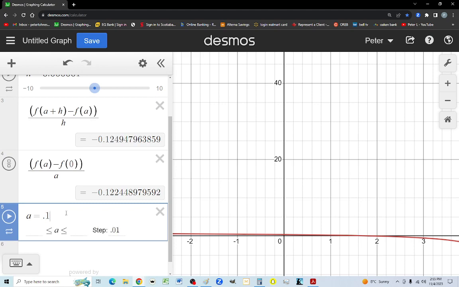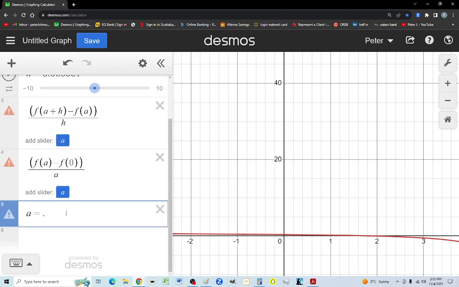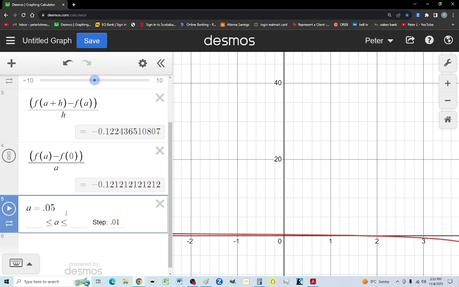Closer. Very close. Very close. Almost identical. So when a is 0.02.